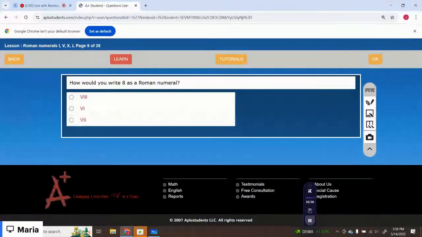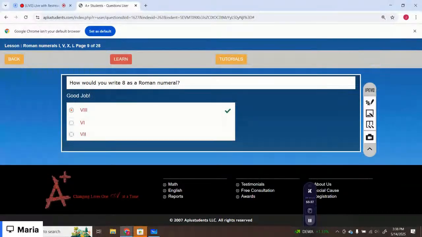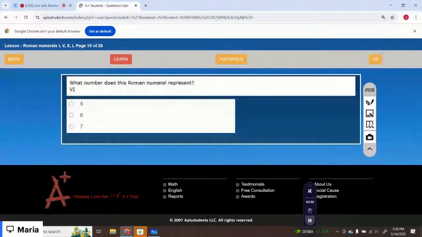How would you write 8 as a Roman numeral? So which is the correct option? Option number 1 is the correct option. That's how you write 8. What number does this Roman numeral represent?